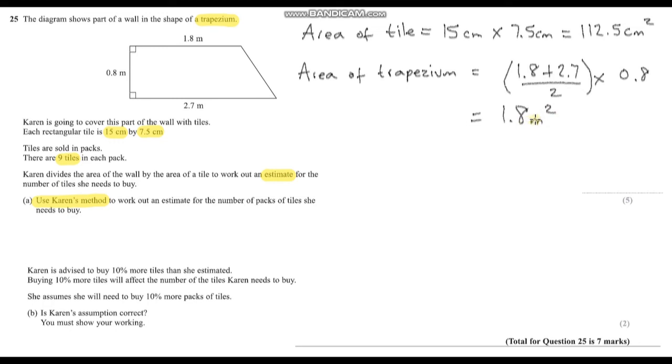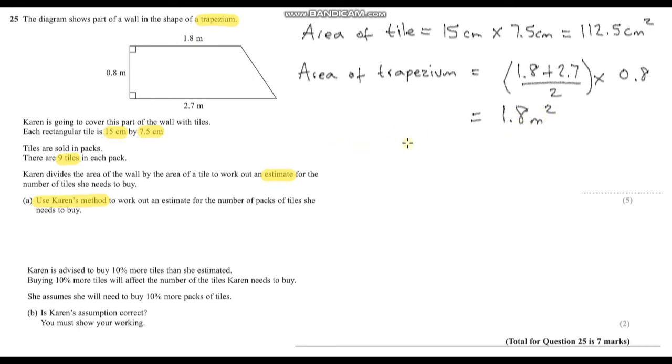This is another point where you need to be really careful, because a lot of people will multiply this by 100 to go from metres squared to centimetres squared, but that is wrong. That is to go from metres to centimetres. We're not dealing with metres and centimetres. We're dealing with metres squared and centimetres squared.